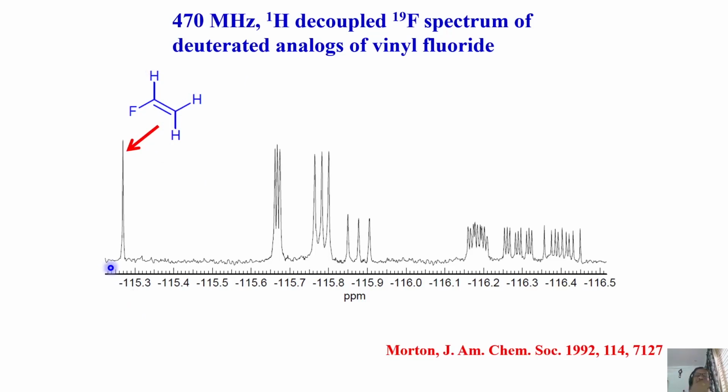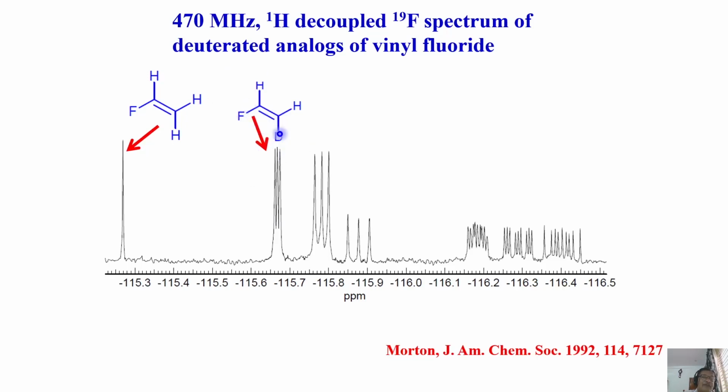Now, the deuterated analogues of this were taken, first going to mono and then to di-deuterated. If one of the protons is replaced by deuterium, let us see how the spectrum is affected. First, let us consider this molecule. Very interesting. As far as the fluorine is concerned, the deuterium is three bonds away.